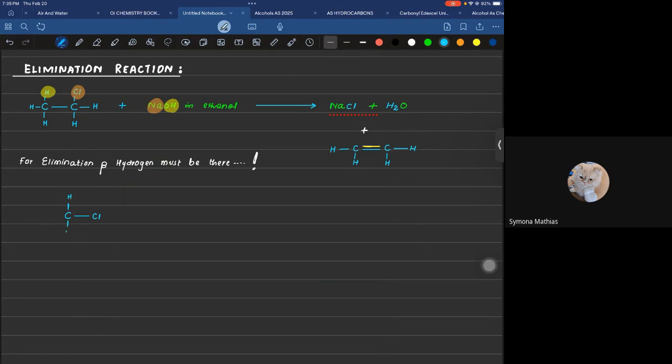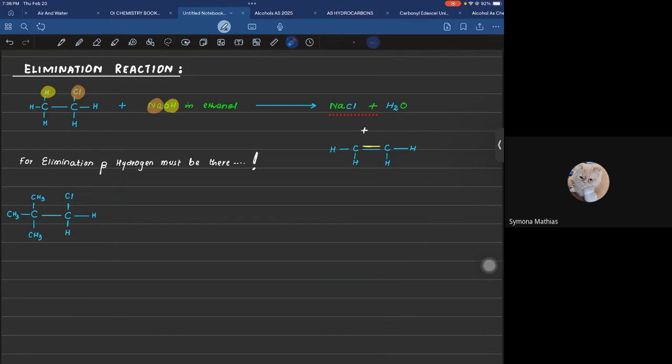This is also hydrogen. But this is CH3, CH3 and CH3. Okay. So I am removing this chlorine. To make it simple, I am attaching chlorine over there.